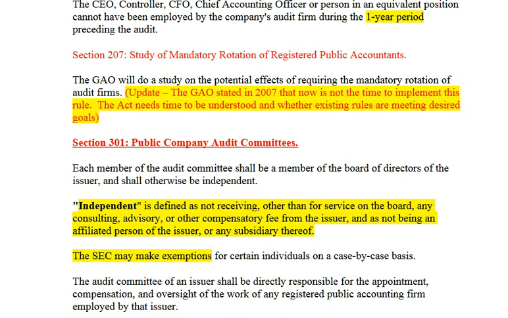Section 207, Study of mandatory rotation of registered public accountant.